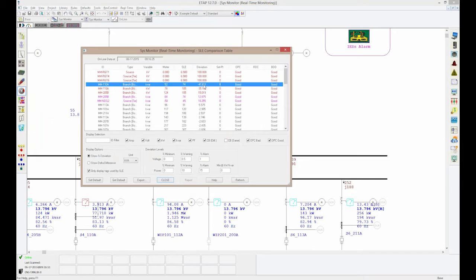And the deviation tells me how close or far away is my model from the real life operation of the system. So we are basically comparing the as found system real time with the as found system estimated or modeled.